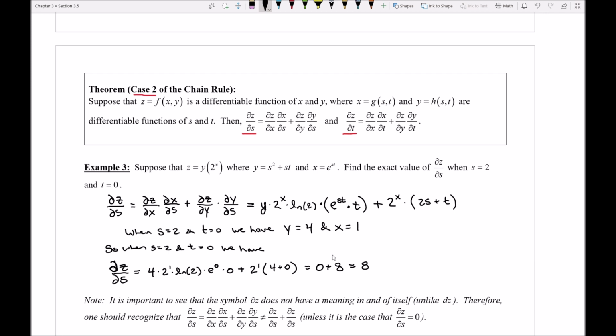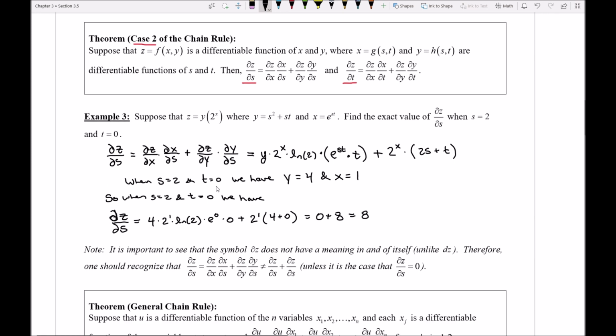So notice that there was not really anything different with the calculation process here, except that I just really had to be careful with my notation. I can't say that I have a full derivative of z with respect to s because the functions that are further down, these x functions and y functions, don't have just a single input variable.